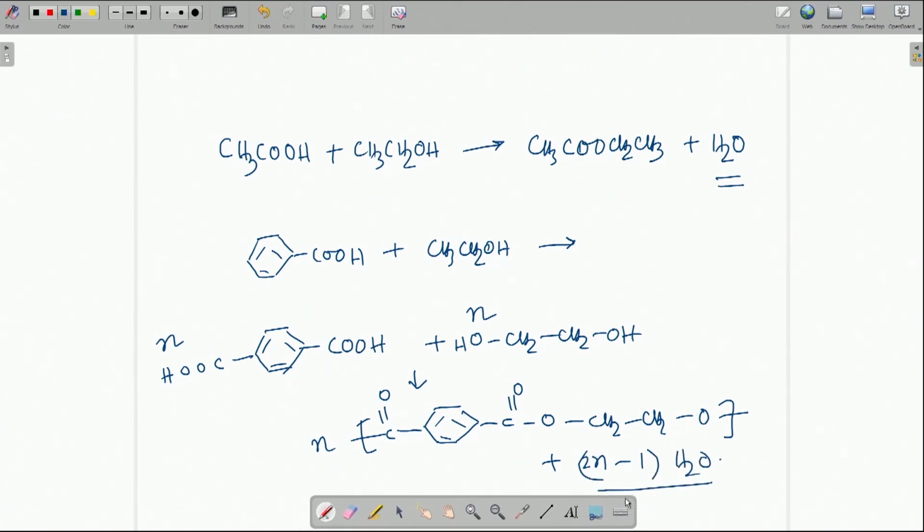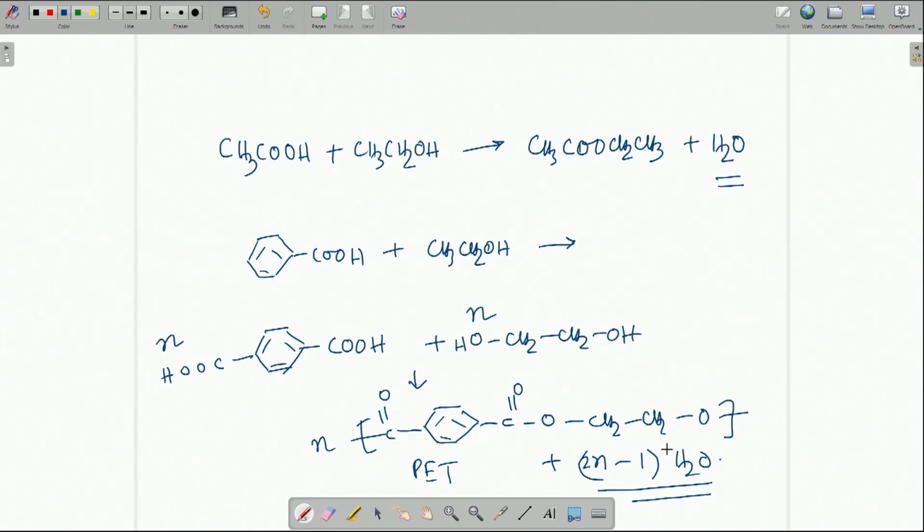So, again because we have this small molecule condensate coming as a byproduct, in this case we have PET, polyethylene terephthalate. So, in this case we call this a polycondensation product or condensation polymer.